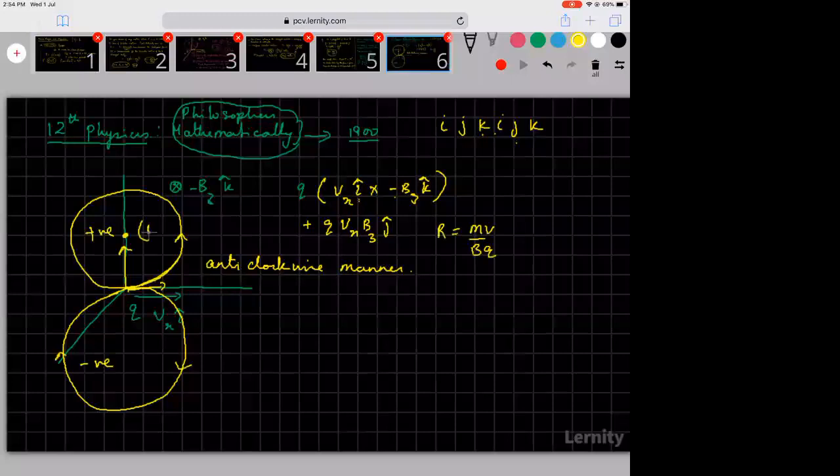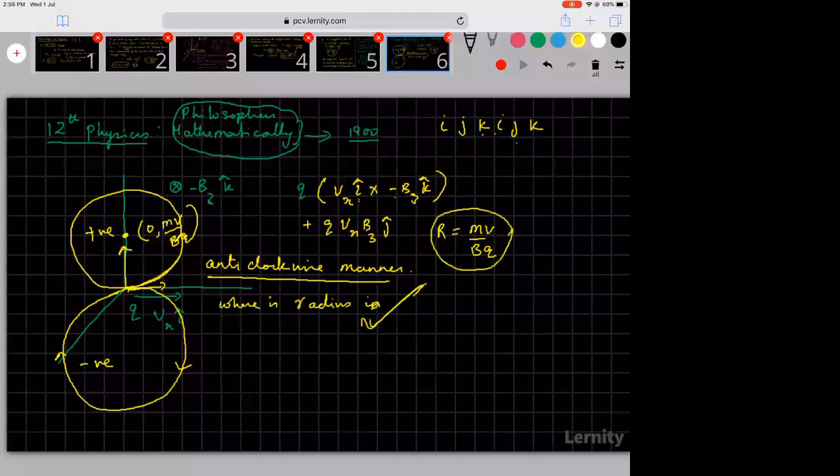So I can give you the velocity along the x-axis. I can give you the magnetic field and ask you whether it will move clockwise or anti-clockwise, and where the radius is. And because you know r is equal to mv by Bq, you can quickly find out and tell me which way it is going.